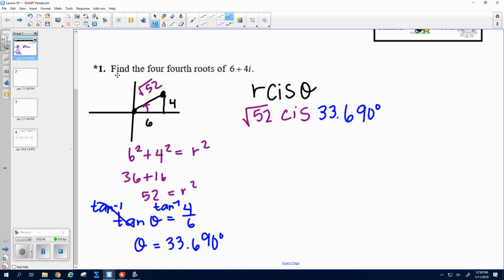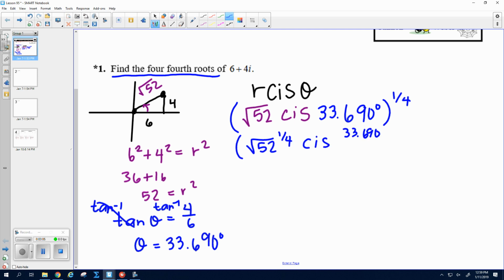But we are finding the 4th roots. So I want 4 answers, and I want 4th roots, which means I'm taking this whole entire thing to the 1/4 power. And de Moivre's theorem tells us that we take this number to the 1/4 power, and we divide this number by 4, right?